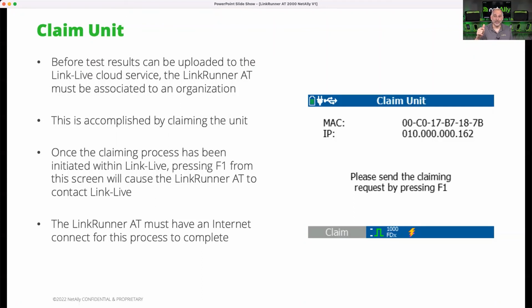If we hit claim, this will start sending packets to Link Live. In Link Live, we will give it the last 6 digits of the MAC address. So in Link Live, we would put in B7187B. Don't put that in on yours. Don't try and claim my unit. Put your MAC address in. When you do that, it'll claim that and associate that LinkRunner with your Link Live account. So now the results will be sent up and loaded into that Link Live organization.